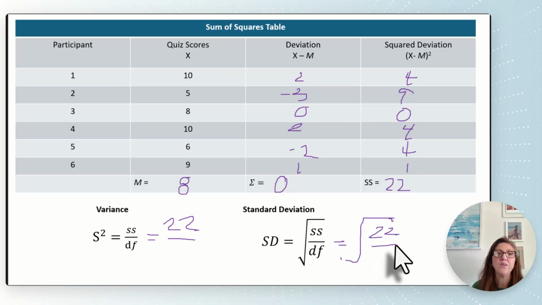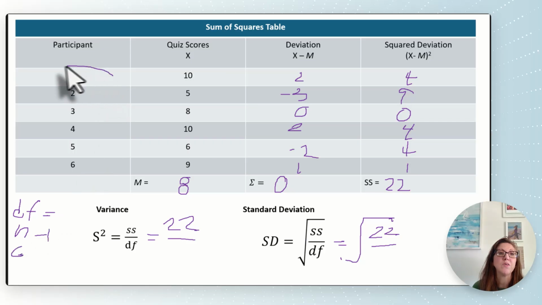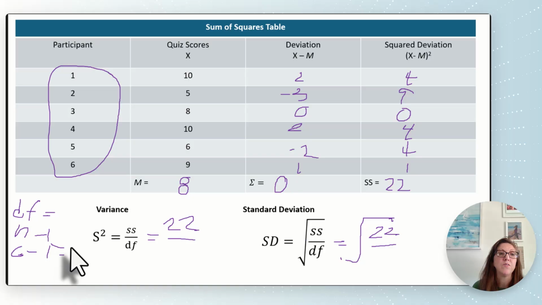Then in the denominator, we're putting our degrees of freedom. Degrees of freedom is computed by taking n, which is our sample size, minus 1. In this case, we have 6 participants, so 6 minus 1 equals 5. So 5 goes in the denominator, so it's 22 divided by 5, and the square root of 22 divided by 5.